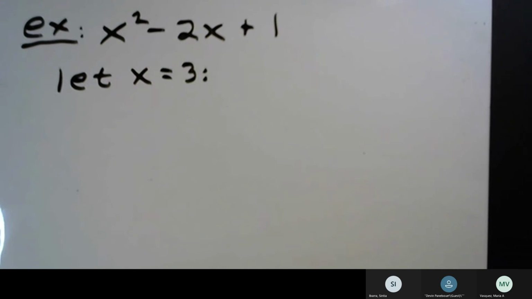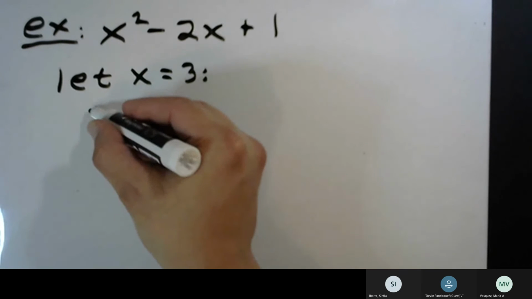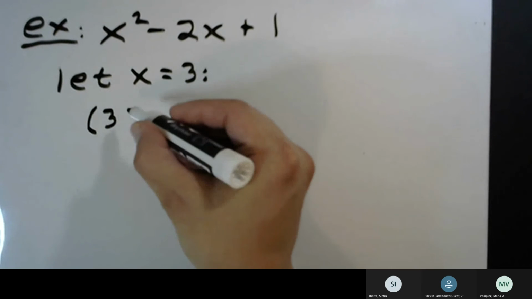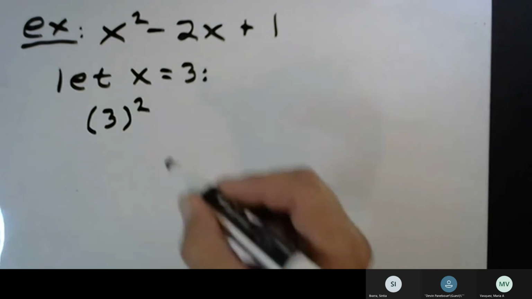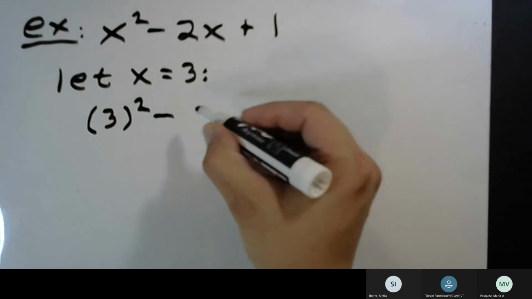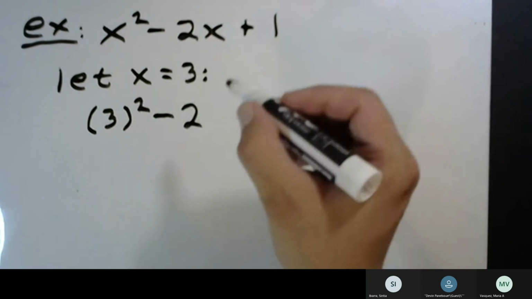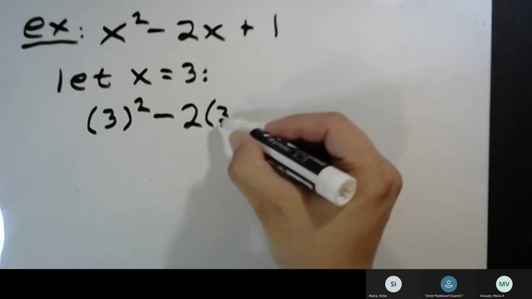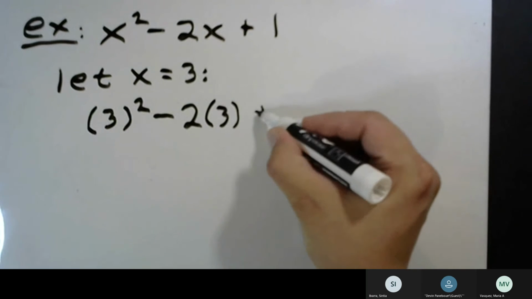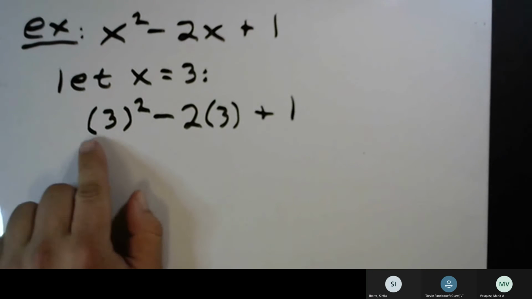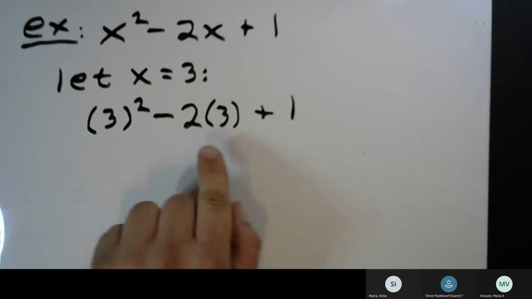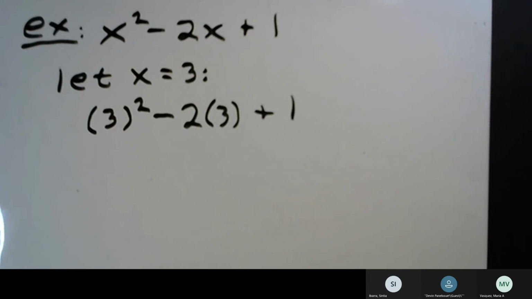So that means we're going to replace x everywhere with 3. So this x gets replaced with 3. Now remember, a constant next to a variable means times. And one of the things that we often do when we do a substitution is put parentheses around the number that was substituted in.